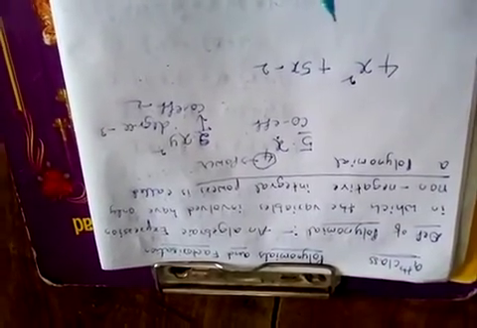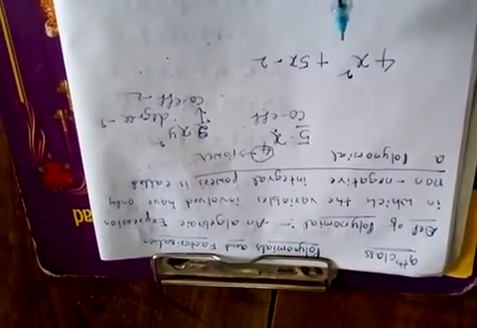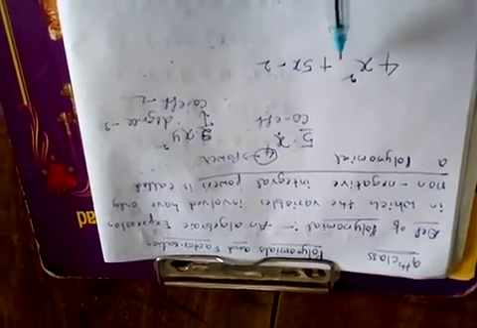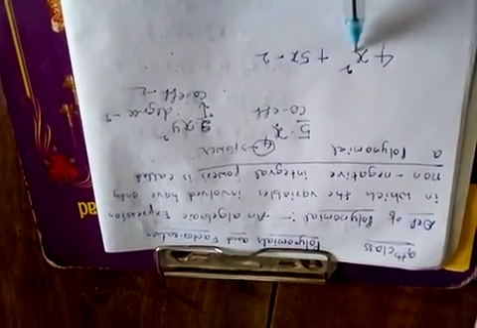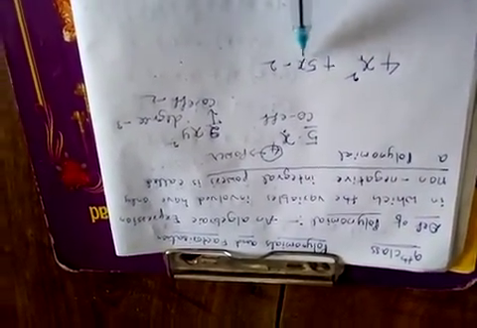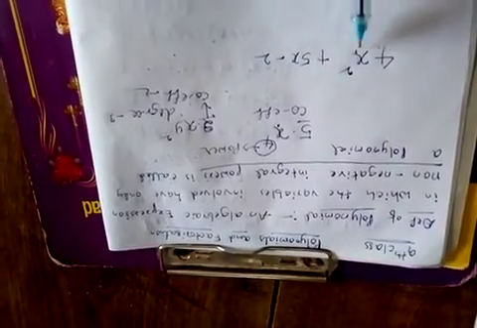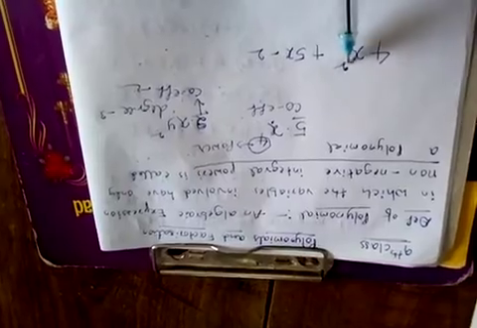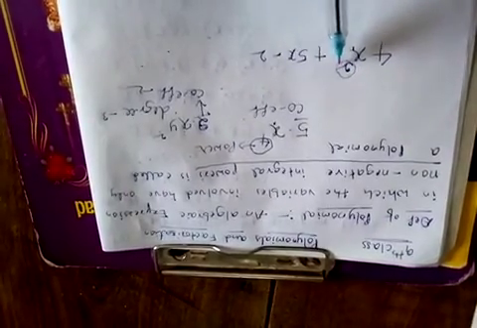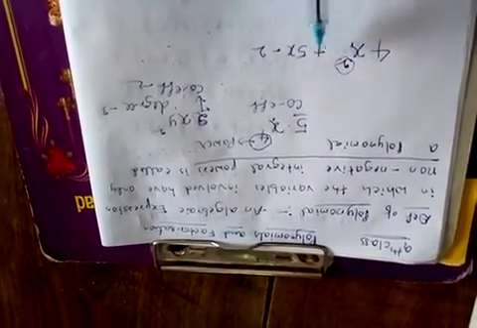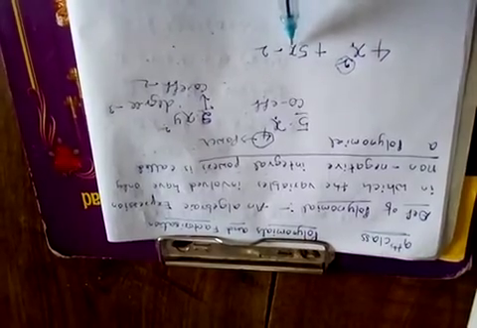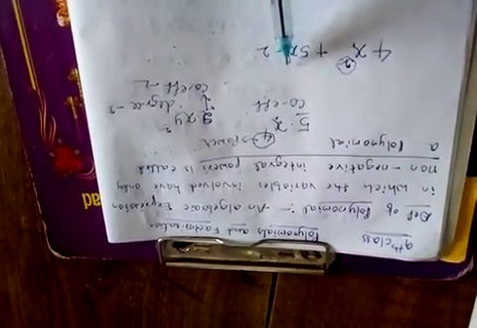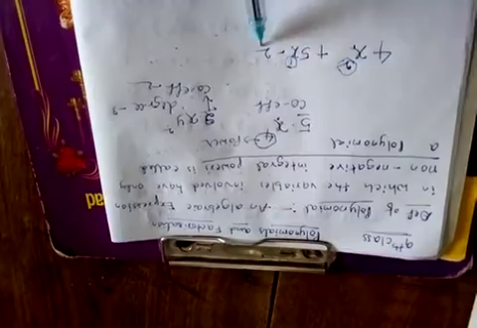How can you check? First verify what the variable is here. The variable is x. How many terms are there? 3 terms. In the first term, the variable x power is 2. This is a positive integer. Next in the second term, the variable x power is 1. 1 is a positive integer.